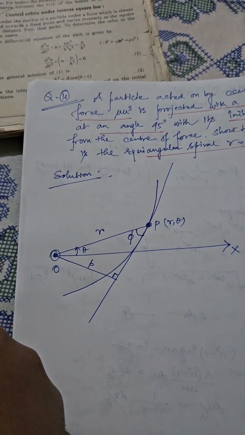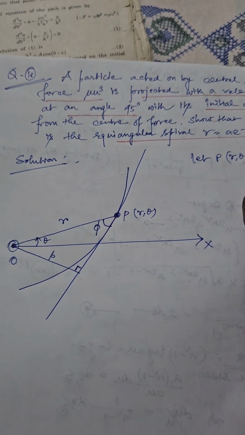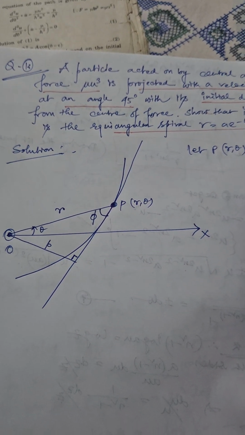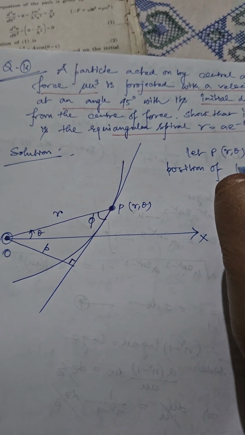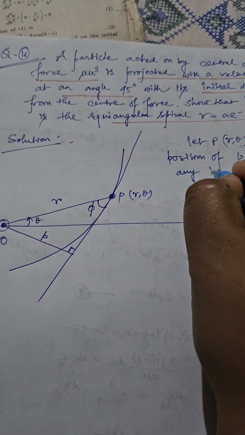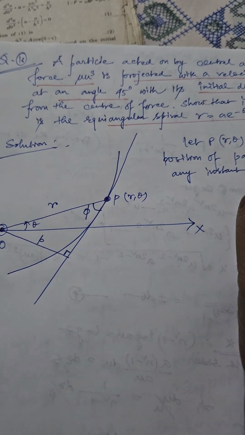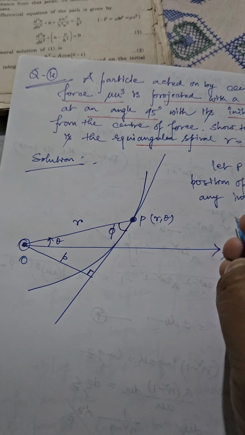So we can say let p r comma theta be the position of the particle at any instant t as shown in the diagram.